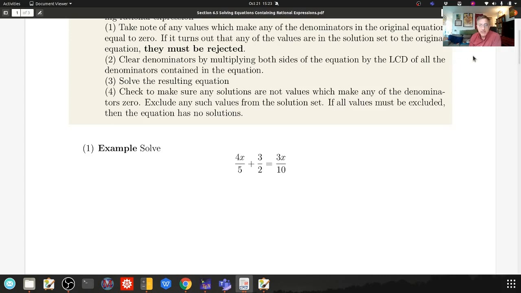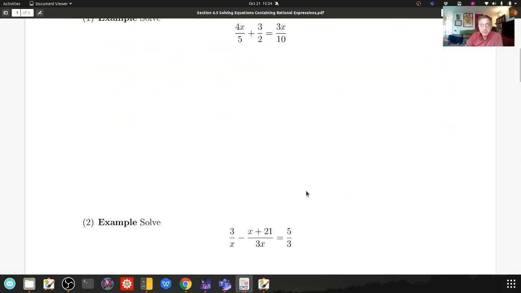As a matter of fact, if you've not realized it yet, when we're adding, the method I gave you for adding rational expressions is really just a method of clearing denominators in a way. So then we solve the resulting equation, and then we check to make sure any of those solutions we get at the end aren't solutions that are restricted from step number 1.